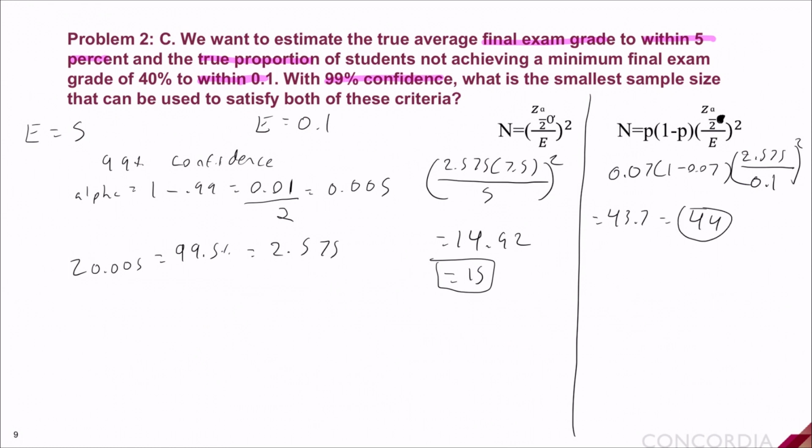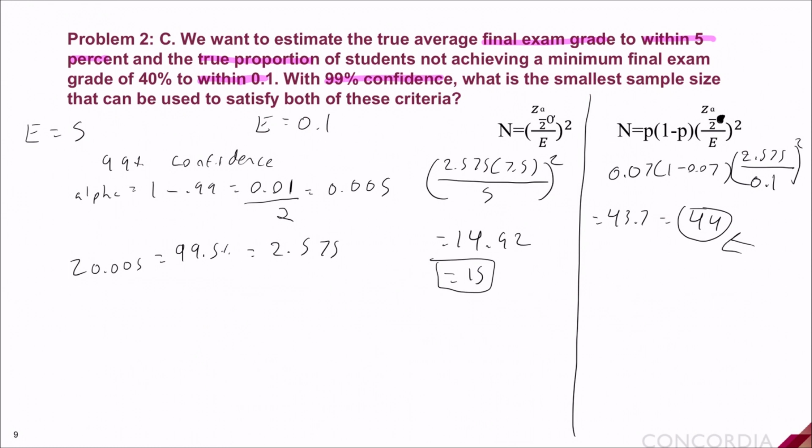Which means for criteria 1 to hold, we need 15 grades, or a sample of at least 15 students. And for criteria 2 to hold, we need a sample of at least 44 students. Since the question is asking us to find the sample size that satisfies both, we simply pick the largest of the two.